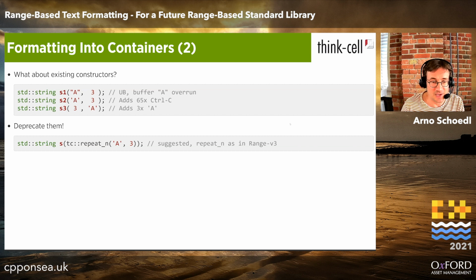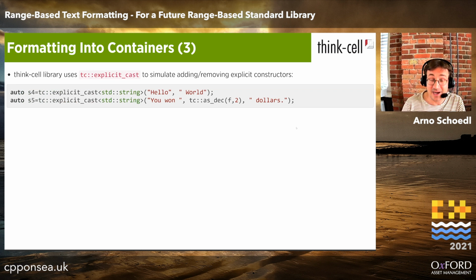And repeat n, in fact, is in the thinkstyle library. It's also in range v3, so it's going to be in the standard library as well. And I think if you want 3 A's in a string, it would be very natural to construct it to say, first, basically semantically, I want to have something that repeats a single character for a certain number of times, and then I'm turning that into a string. So that's much clearer.